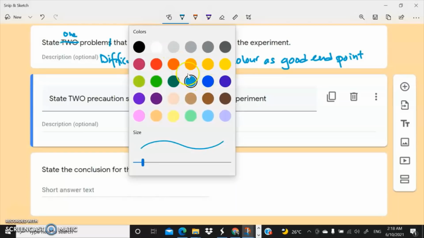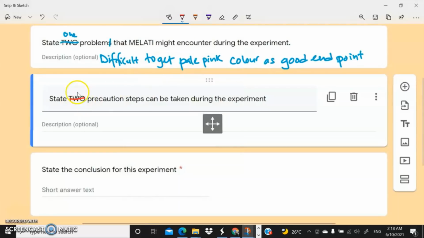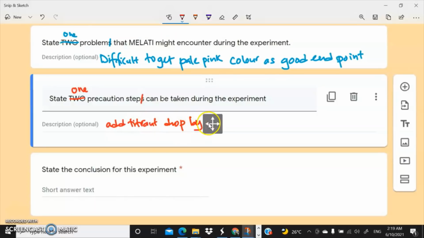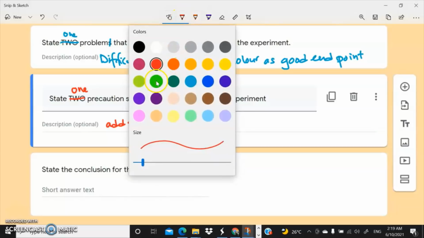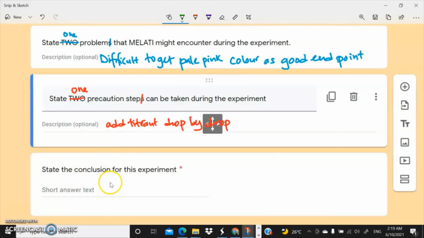After that, state one precaution step that can be taken during the experiment. So what can we do? Add titrant drop by drop. Our last question. State the conclusion for this experiment. Molarity of HCl is 0.20 molar.